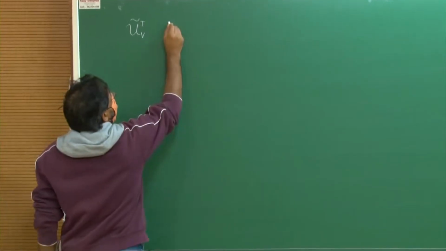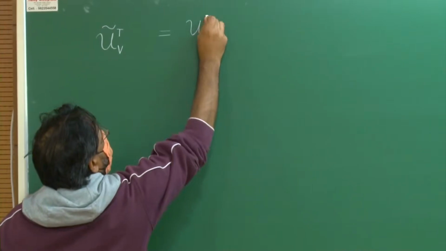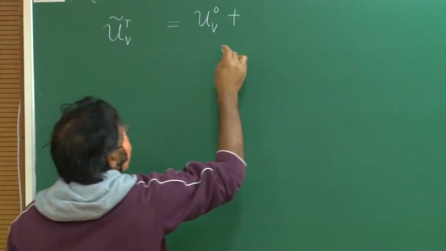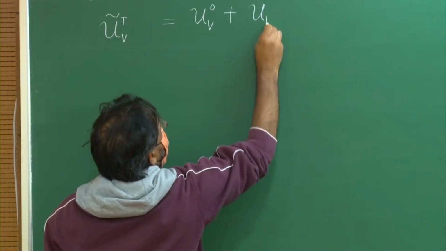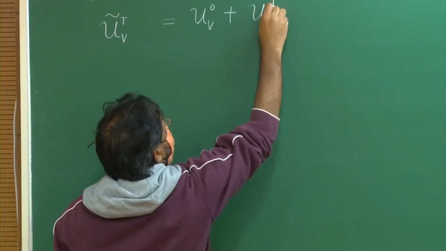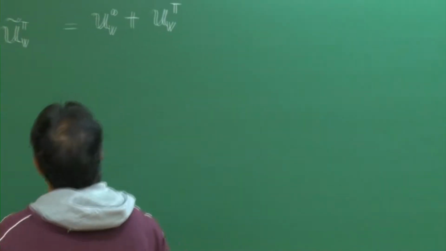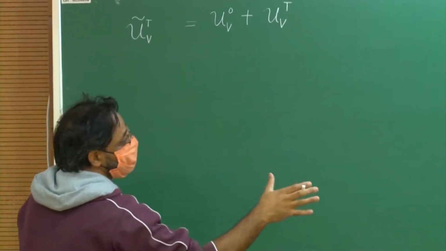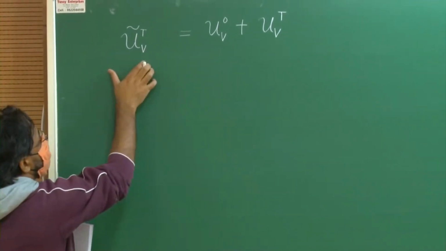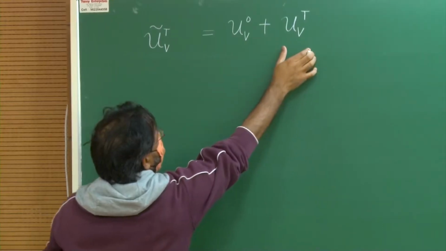So this should be equal to the ground state energy U(V,0) plus the excess energy U(V,T), right? And if you want the specific heat from these degrees of freedom, the electronic degrees of freedom, you take the temperature derivative of this. The temperature derivative of the ground state term will be 0. So it's essentially this.